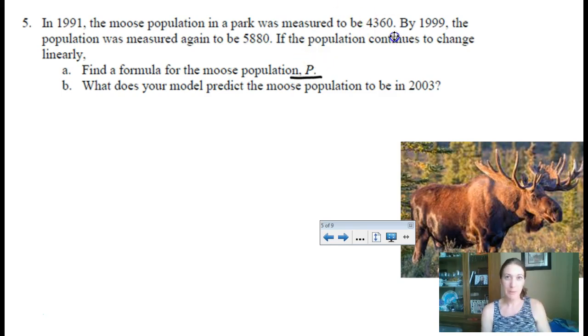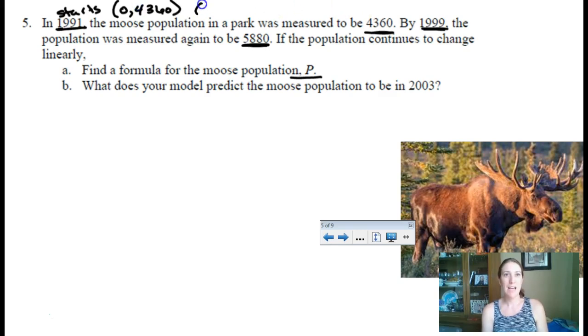So these ordered pairs are set up with time and population. You don't want to actually put the year 1991 into your formula because that's going to make for some really bad math. So if we just pretend that time starts in 1991, that works for me, right? So at the start of time, which is 0, the population was 4,360.